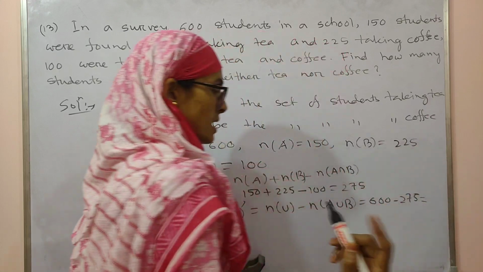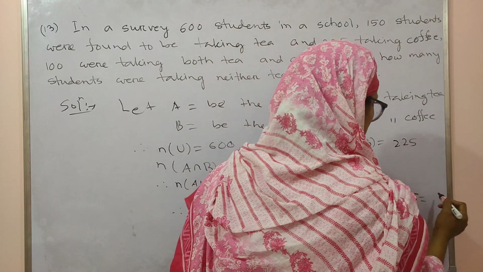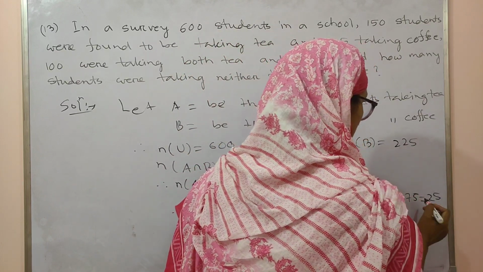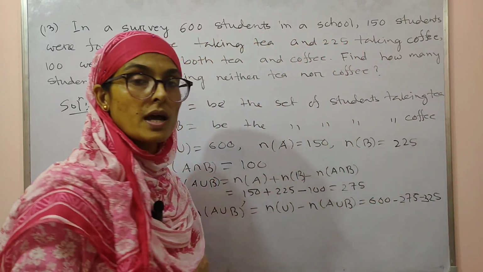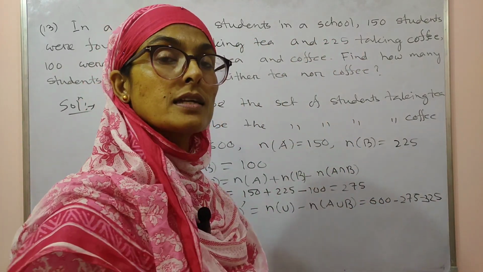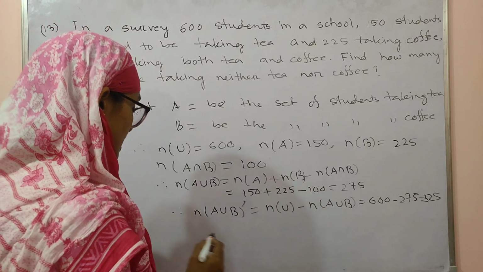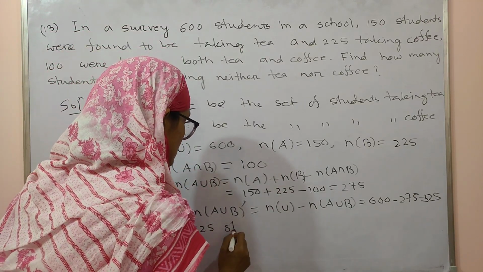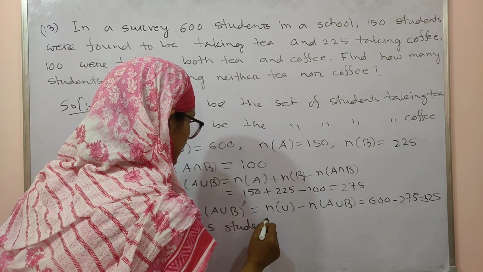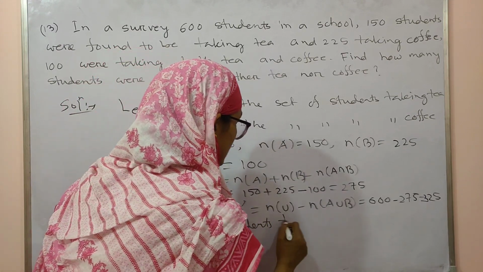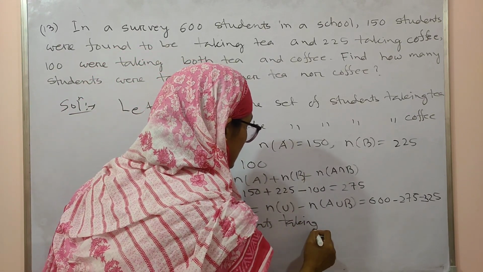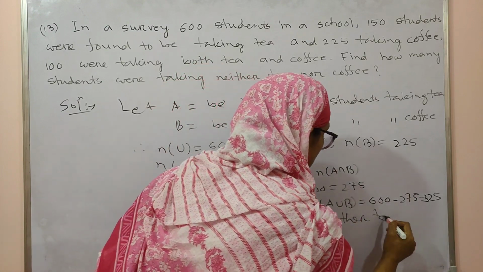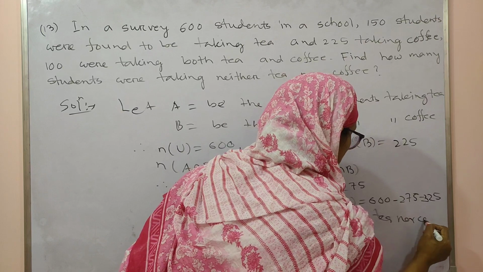So you can write 325 students taking neither tea nor coffee. Lastly write down therefore 325 students taking neither tea nor coffee.